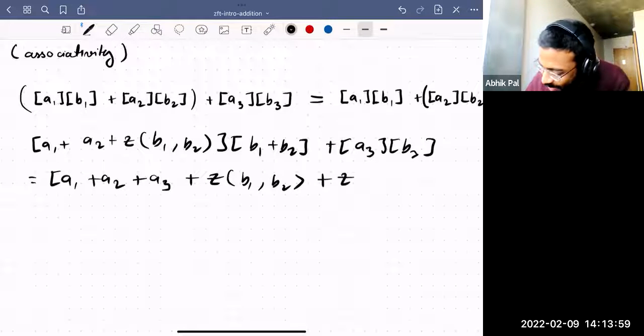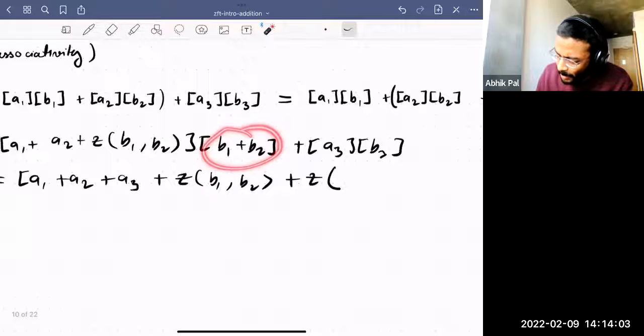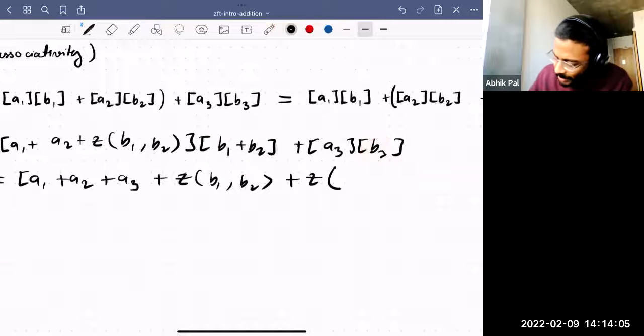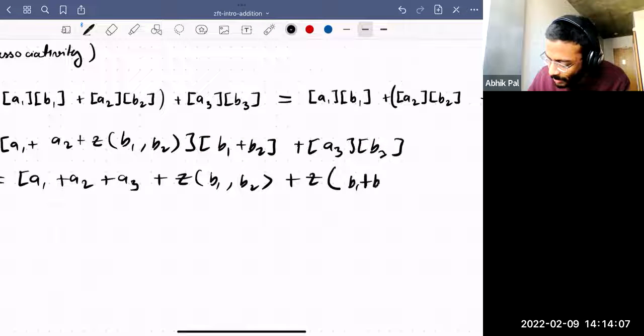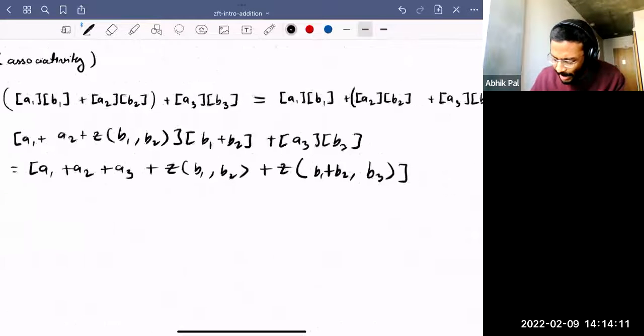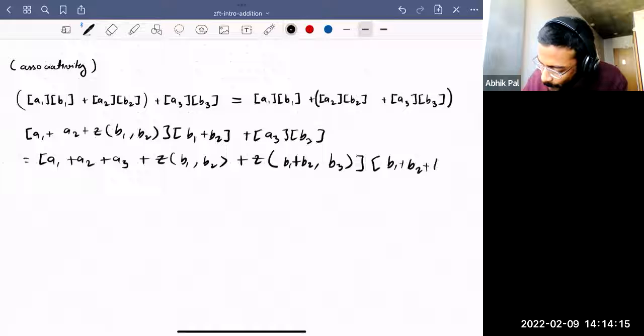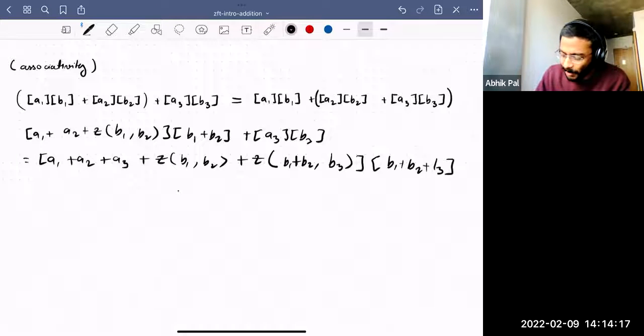And now we have to add this other carry that is coming from B1 plus B2 and B3, which is Z of B1 plus B2, comma B3. And again, here I get B1, B2, B3. And we can do something similar on the right-hand side.